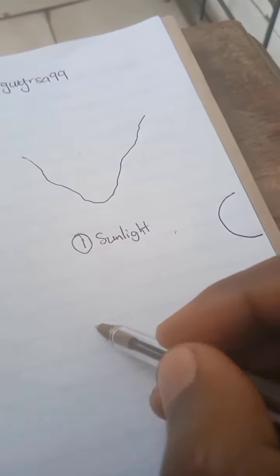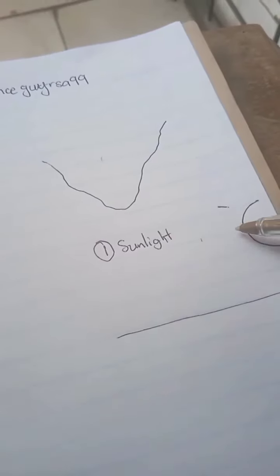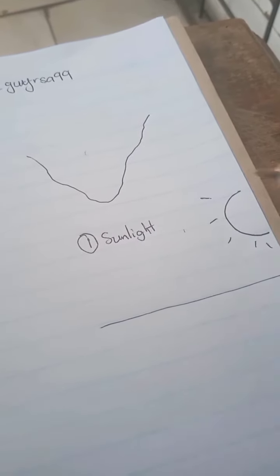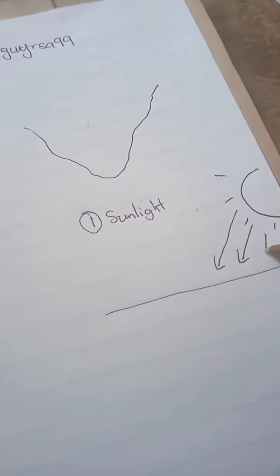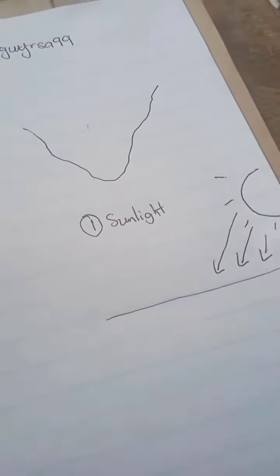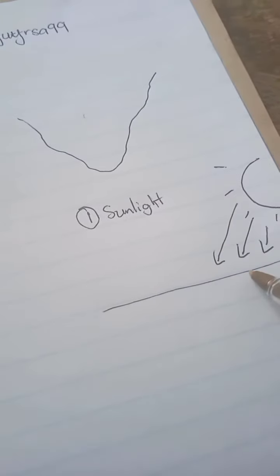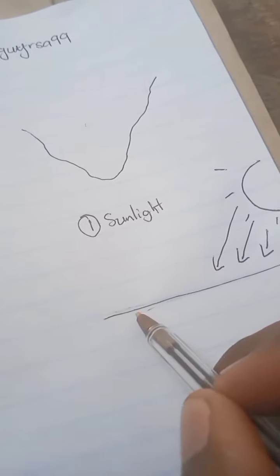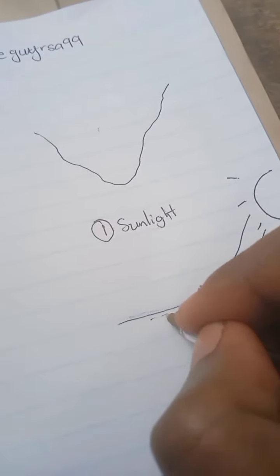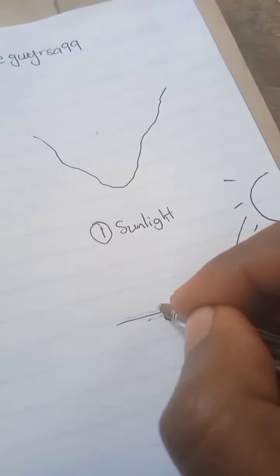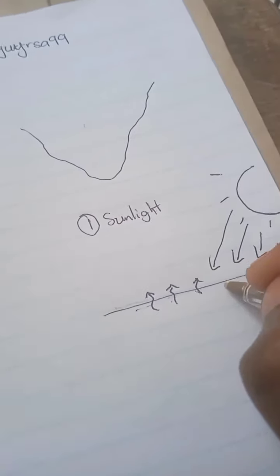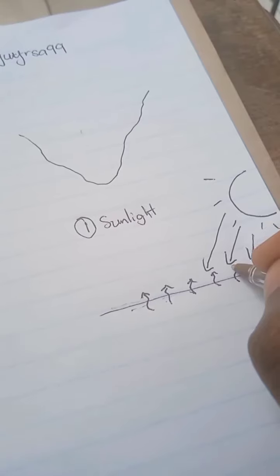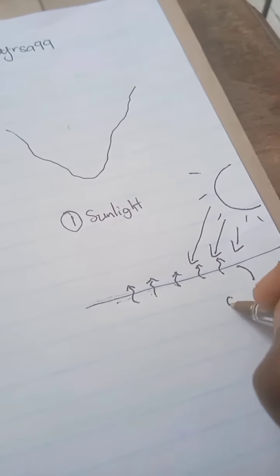What happens is that when you have the sun, it transfers heat to the surface. So the surface gets heated up, and it transfers this heat to the surrounding air through a process that we call conduction.